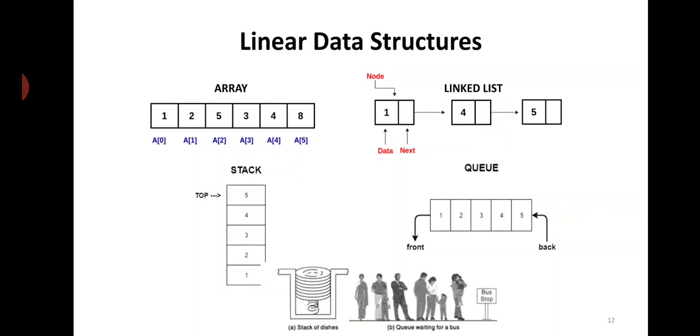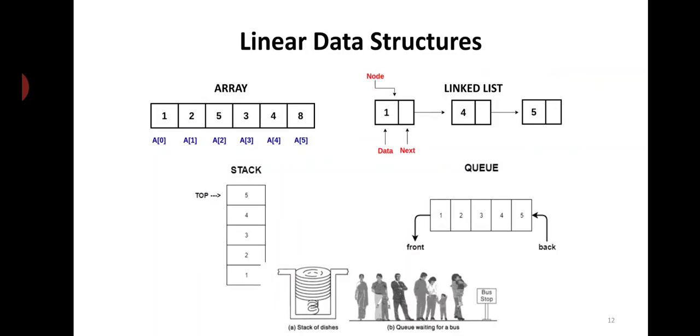Next is a stack. Stack is also a type of linear data structure, which is called LIFO, last in, first out. Last to enter, first to go out. For example, I can use the example for the stack as a list of dishes, the plates. Then queue. Queue means first in, first out.